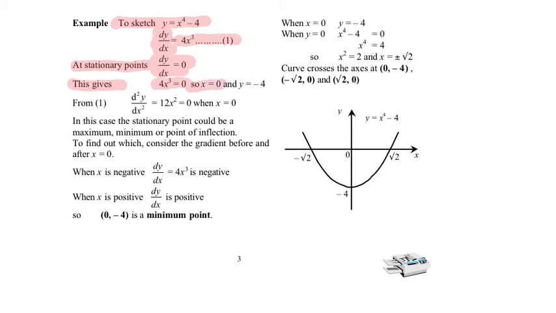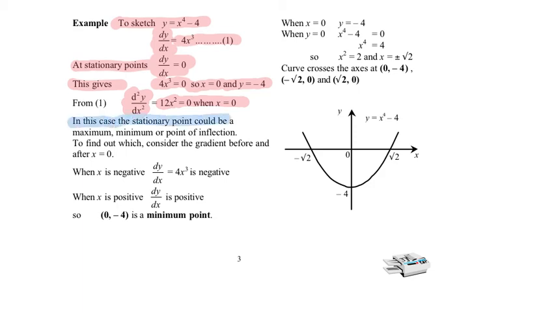Finding the y value at x is 0 gives us y equals minus 4. We then find the second derivative, which is 12x squared. This gives us a value of 0 when x is 0.